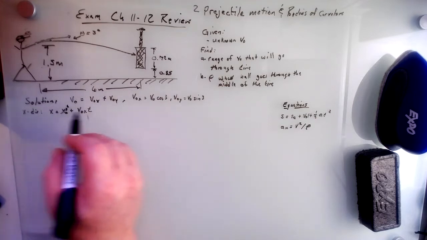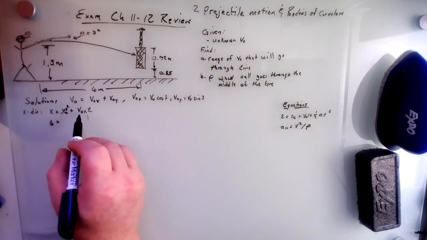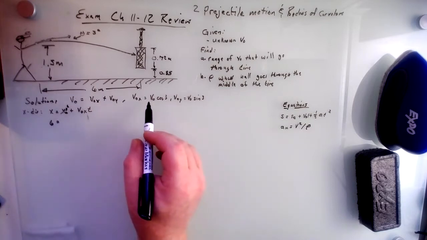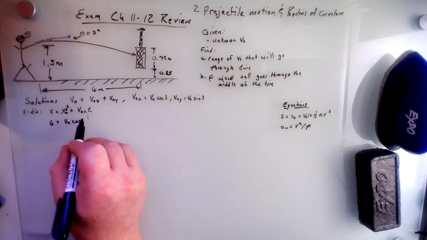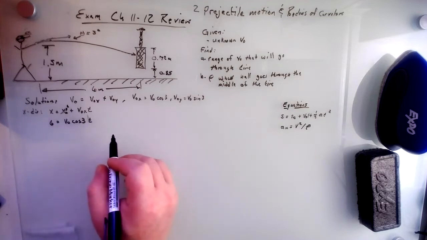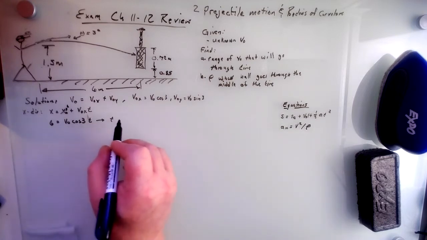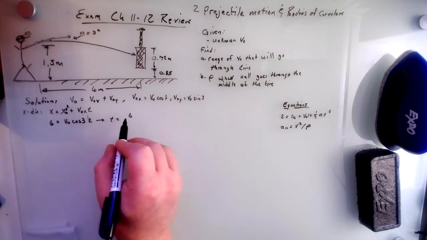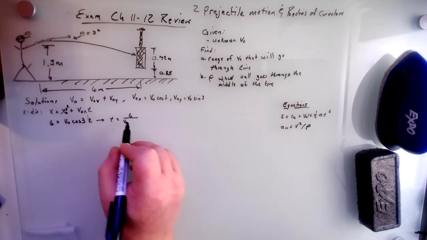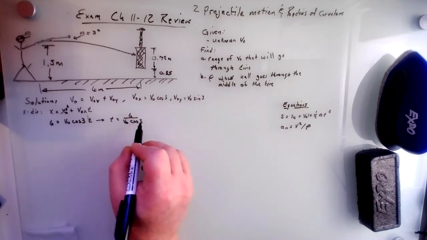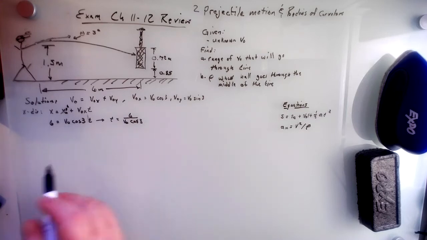So we have 6 equals, we don't know v naught x, but we do know that it's v naught times the cosine of 3 times t. We're going to need t, so we solve for t, and t is equal to 6 over v naught cosine 3. Okay, cool. I bet we're going to substitute that in later on.